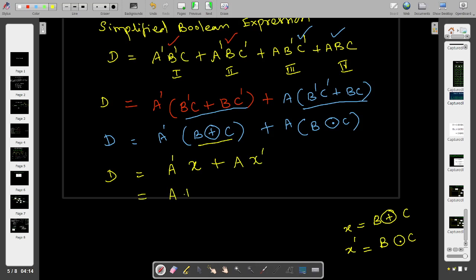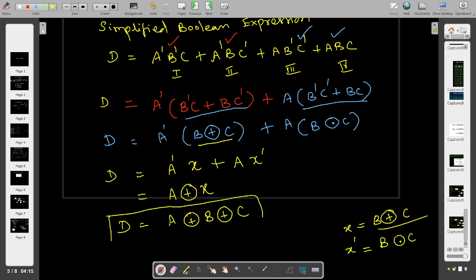So A exclusive OR with X. Instead of X, I am replacing the X by the expression we have already, B exclusive OR with C. This is the simplified expression for this D. Now we have to simplify the next one, right?